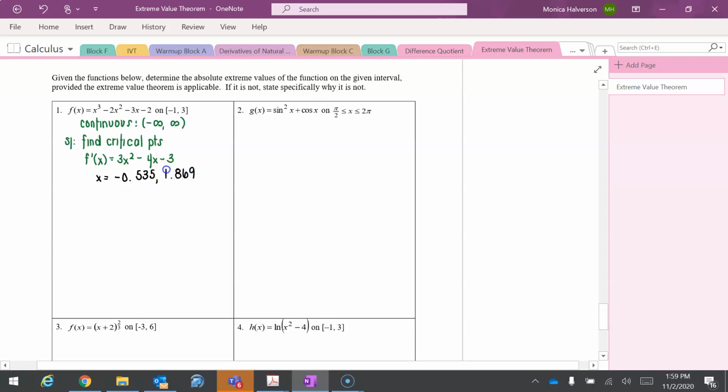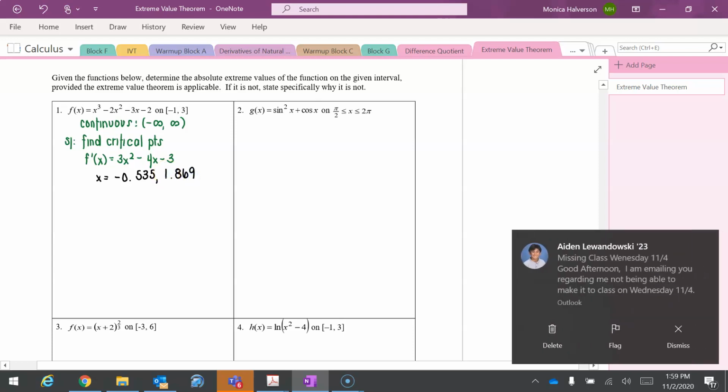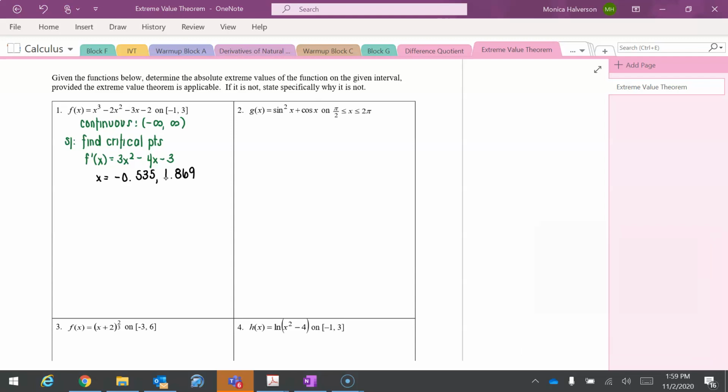And do not forget, in AP Calculus, you always round to the third decimal place. Okay, so now we're going to do the first derivative test. So -0.535 and 1.869.